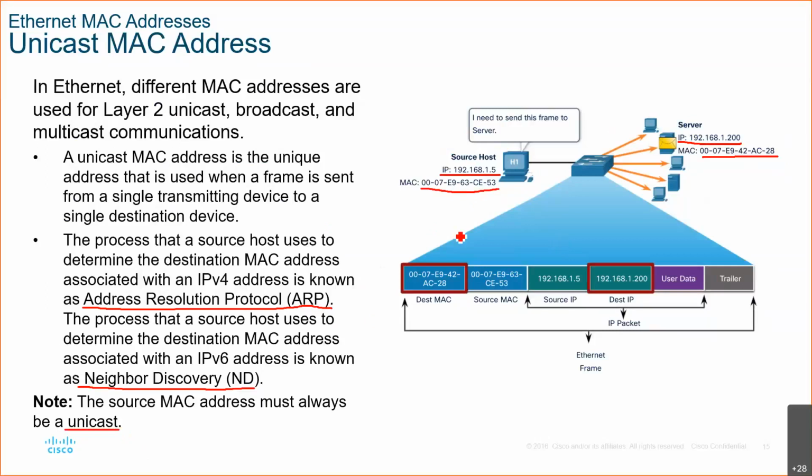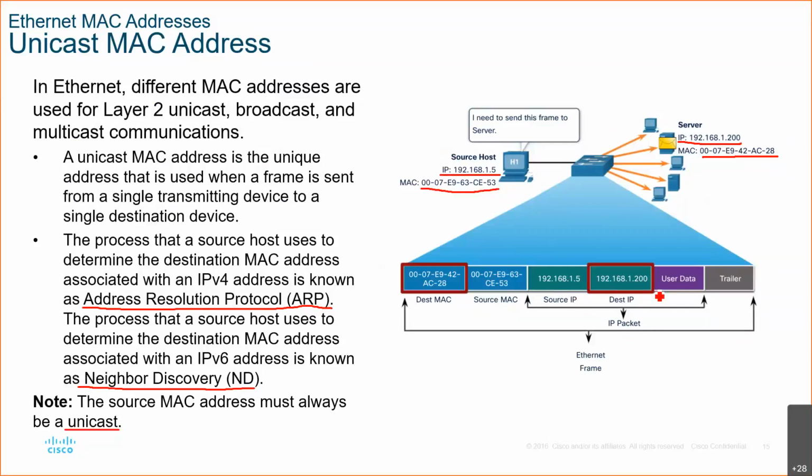So here you can see our Ethernet frame will have a destination MAC and a source MAC. In the network layer, the packet will ask for a logical address. In this case, IP version 4, it will consist of a source IP address and a destination IP address.